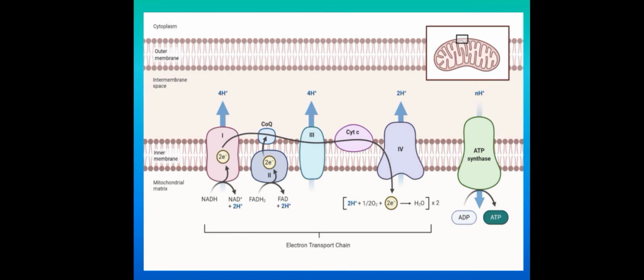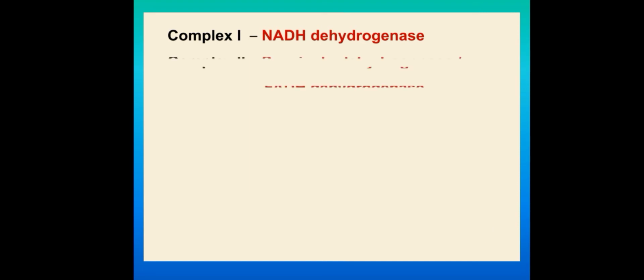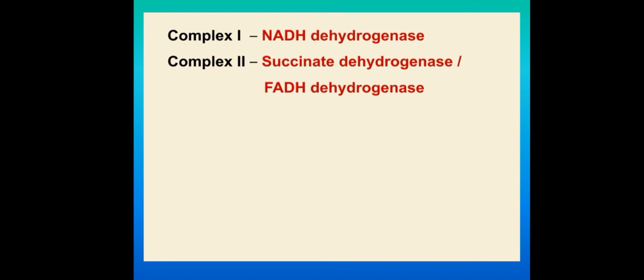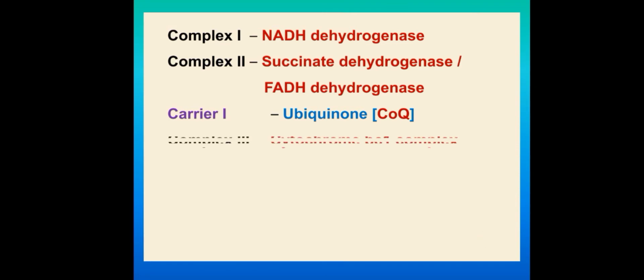Now let's see what are these complexes and the electron carriers. Complex 1, NADH dehydrogenase enzyme. Complex 2 is succinate dehydrogenase or FADH dehydrogenase enzyme. Carrier 1 is ubiquinone or otherwise known as coenzyme Q. Complex 3 is cytochrome BC1 complex.